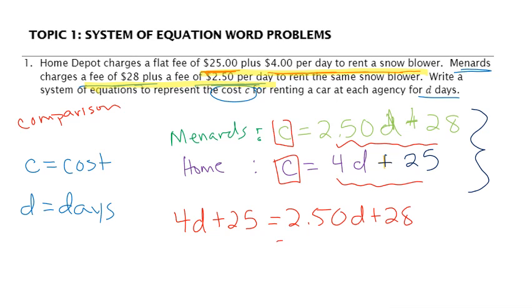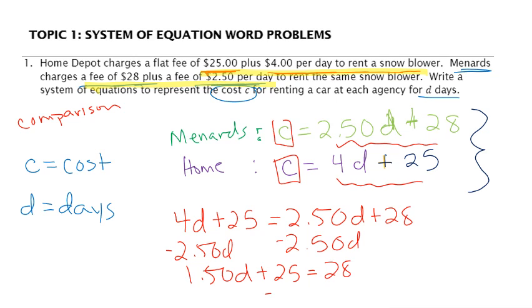Then we would just simplify and solve. So this would now be 1.50 times D plus 25 equals 28. So 1.50D equals 3, and then D would be equal to 2.